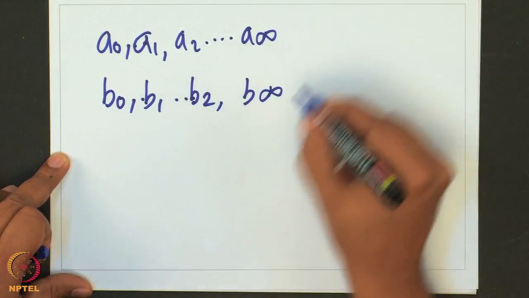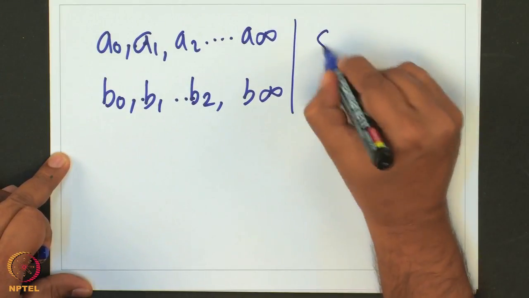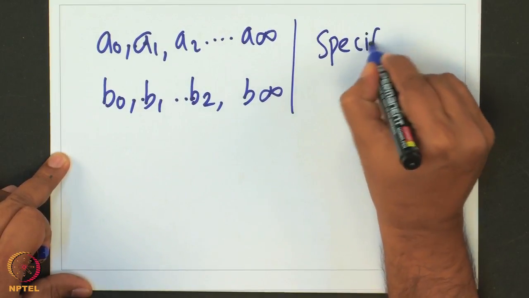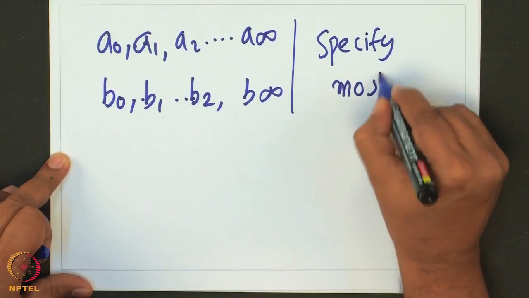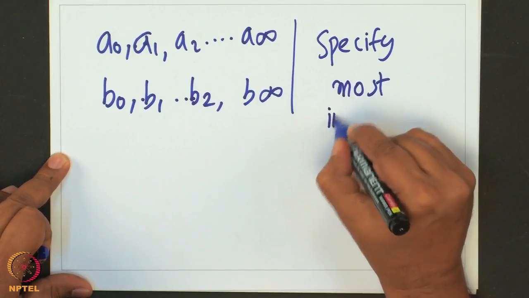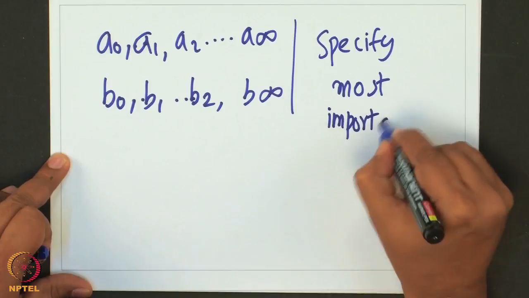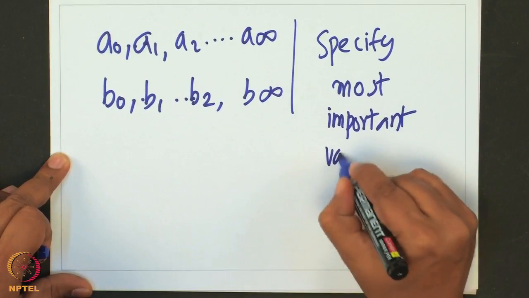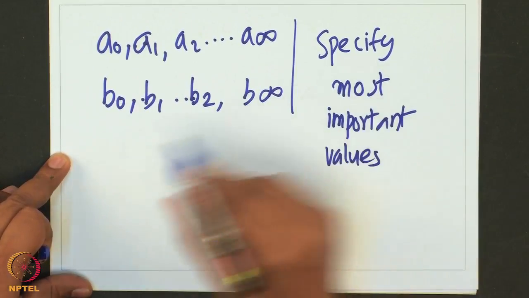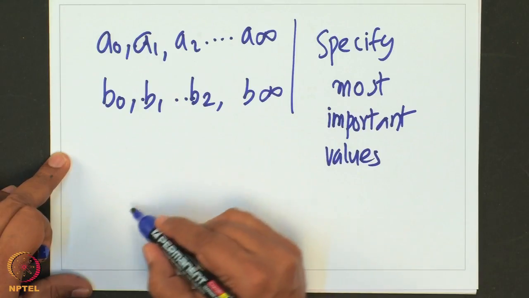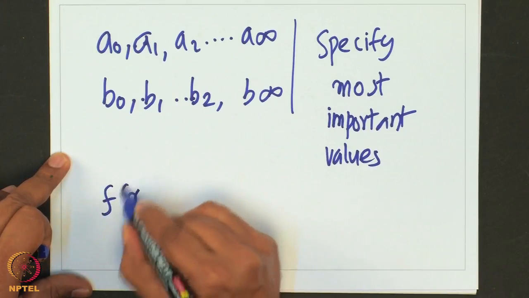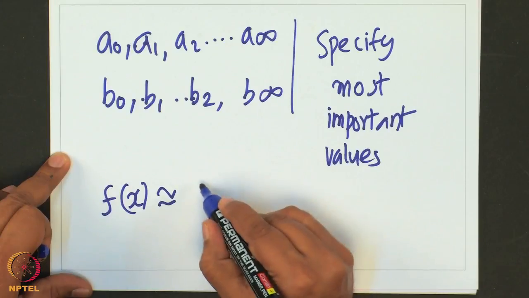If I specify only some of them, the most important values. How do we know what is important? We will discuss that later. If I specify some important values, then my f of x can be approximately written.